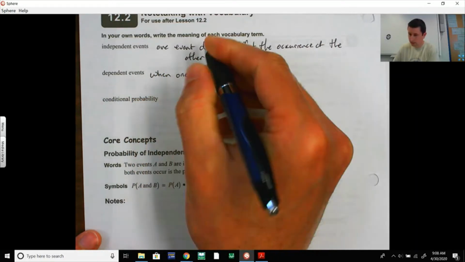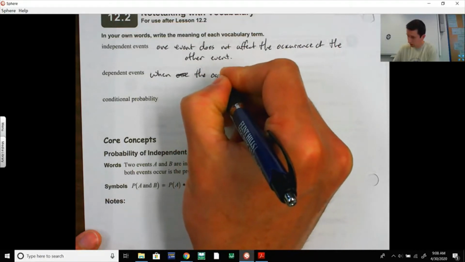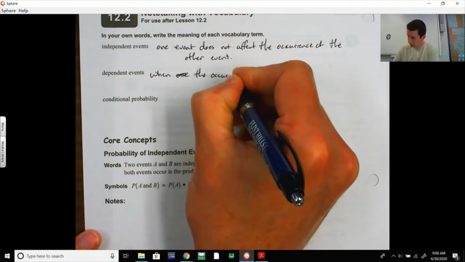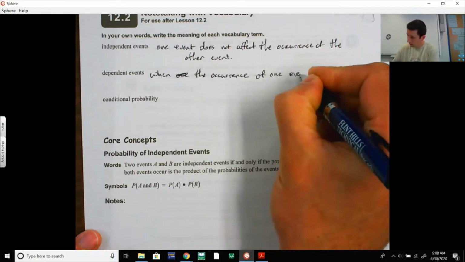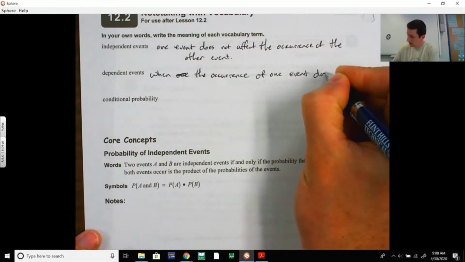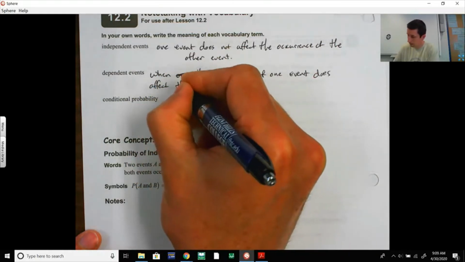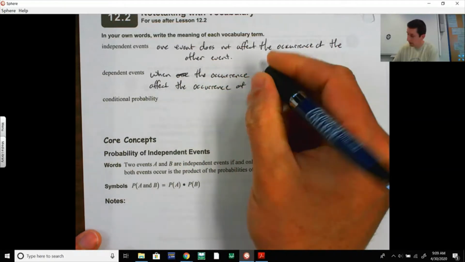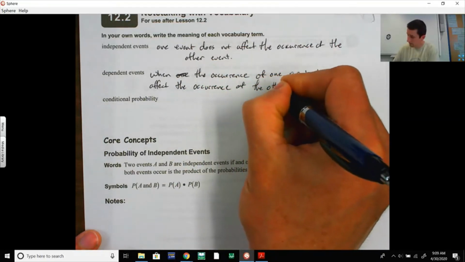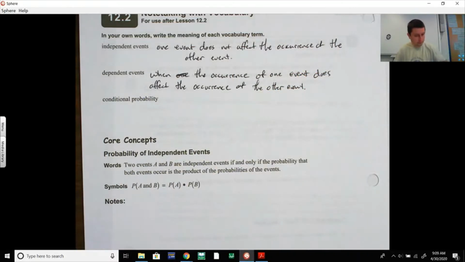When the occurrence of one event does affect the occurrence of the other event. Okay, so that's independent, dependent.